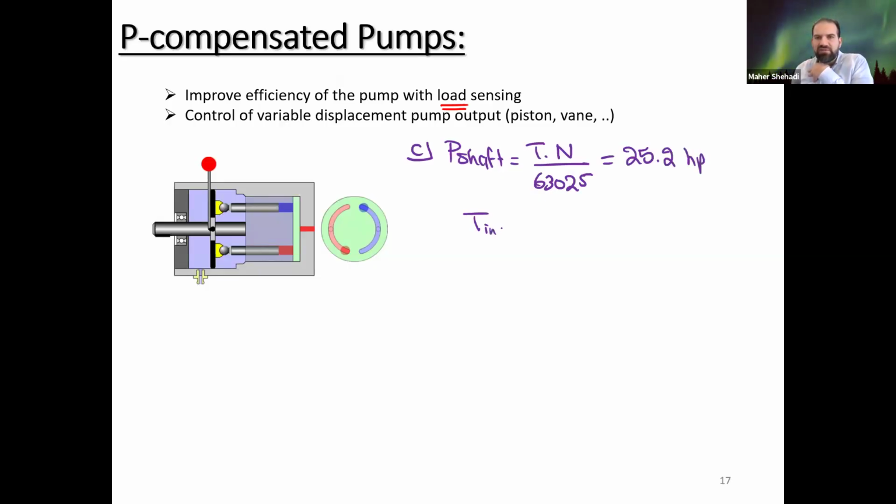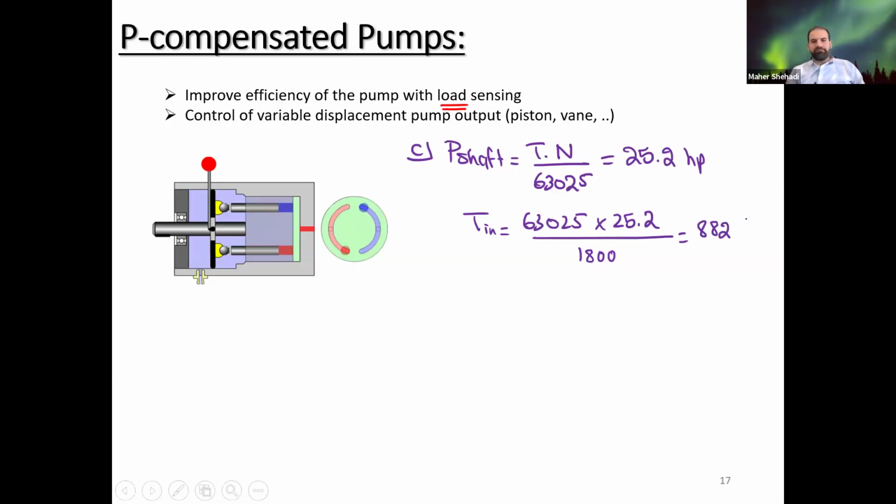So T for the shaft is 63,025 times 25.2 horsepower divided by N. What was N? 1800? 1800, not 1,000. That's a lot. And this one would be equal to 882.